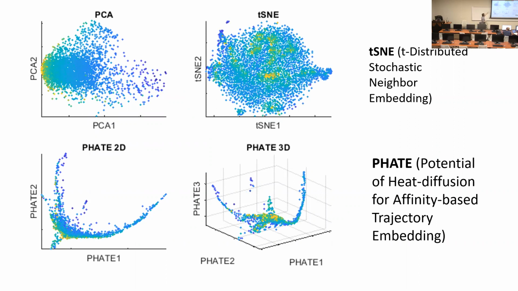PCA may not separate them, while others make them separable. t-SNE tends to give you a pie shape, while FATE tends to give you some branches. So to me, FATE is highly conservative if you want to select a group of homogeneous cells. Okay, so that's what I want to do.